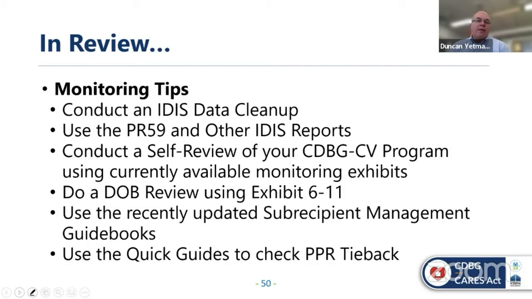Use the recently updated subrecipient management guidebooks. Again, a wealth of resources there and checklists, especially regarding monitoring and subrecipient monitoring, obviously. And then use the quick guides to check your PPR tieback, to check to see if it's reasonable, if it meets the reasonable person standard.